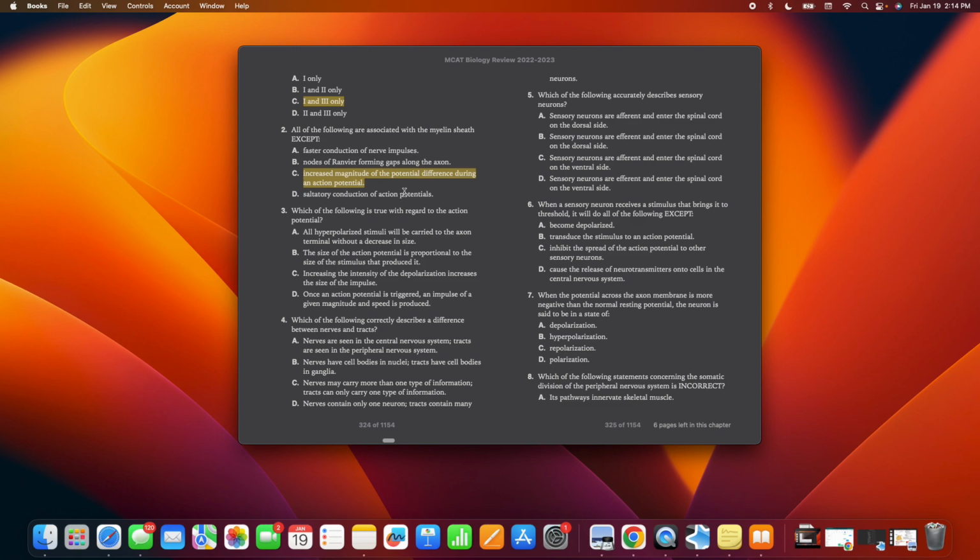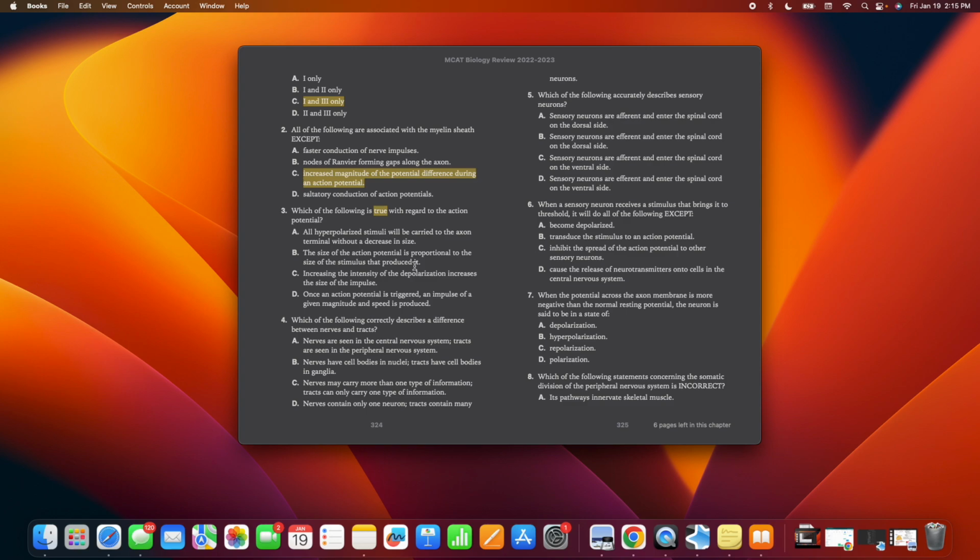Which of the following is true with regard to the action potential? We want to make sure that we are choosing the right one. All hyperpolarized stimuli will be carried to the axon terminal without a decrease in size. The size of the action potential is proportional to the size of the stimulus that produced it.